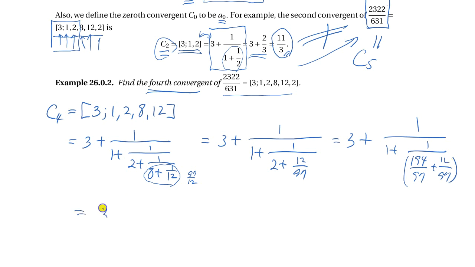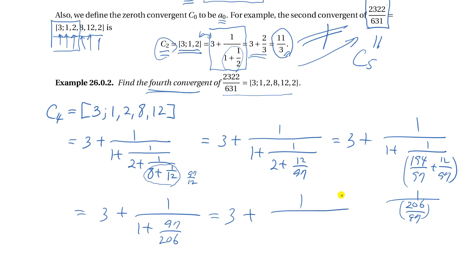So altogether, it's 3 plus 1 over 1 plus, when you're adding them, 206 over 97 as a denominator. So it becomes 97 over 206. So that is 1 over, and 206 plus 97 is 303, right?